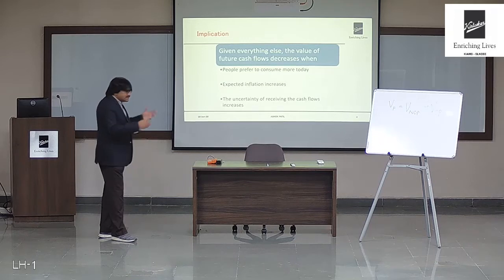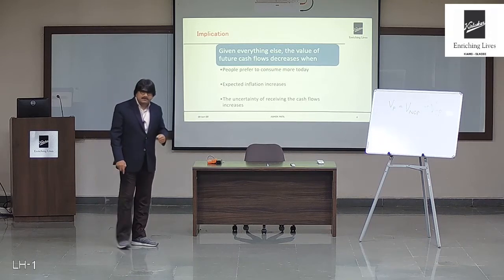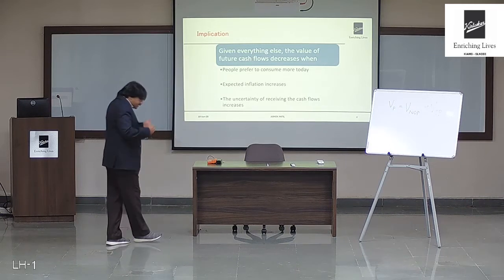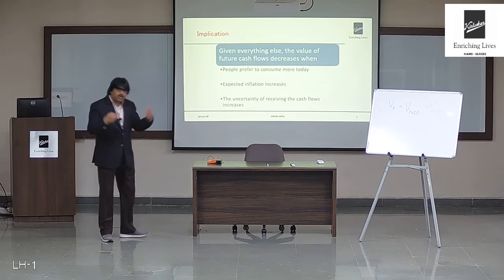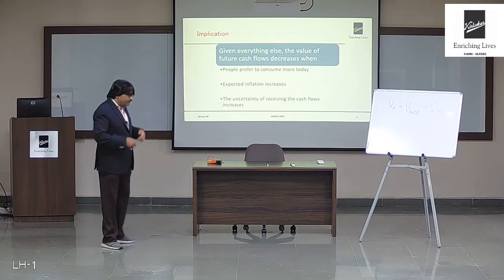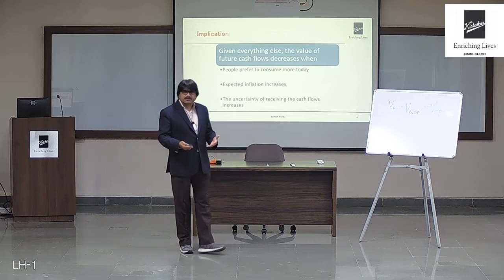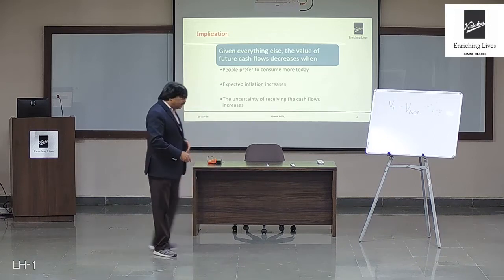You can see that obviously if inflation increases, then your value erodes more. If your demand for consumption today is more, obviously the value will decrease. And if there is a higher risk perceived, then obviously the value erodes more.